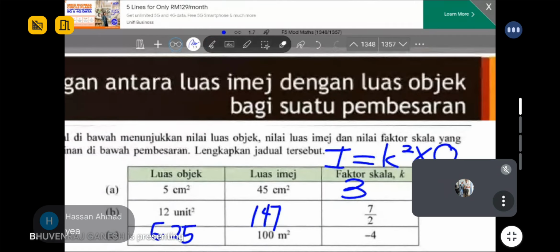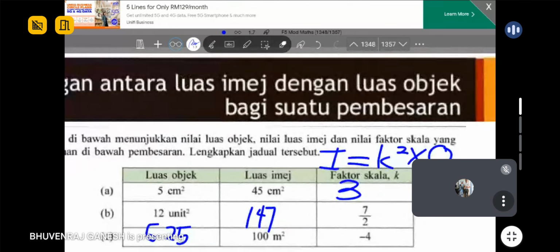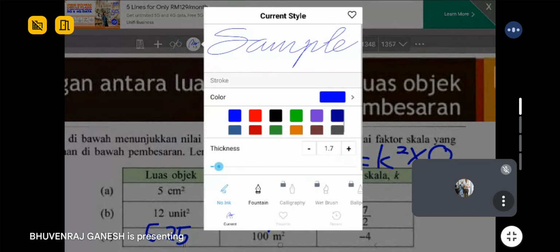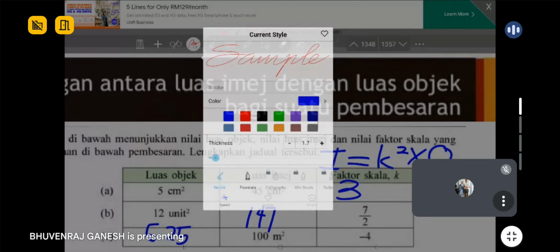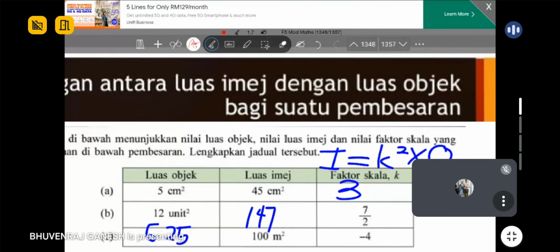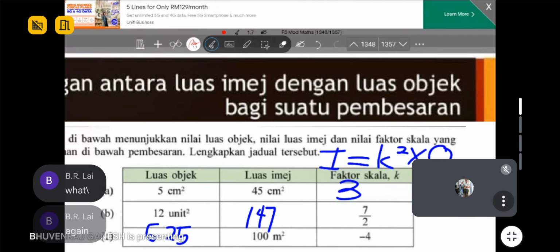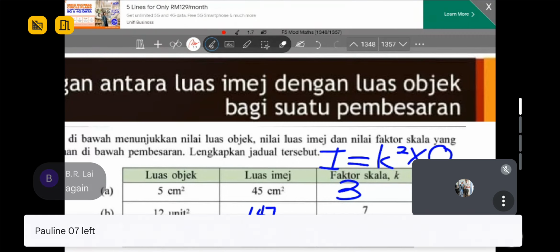So what if I tell you that one of these values is wrong? Who can tell me which value is wrong? Think and see, guys.